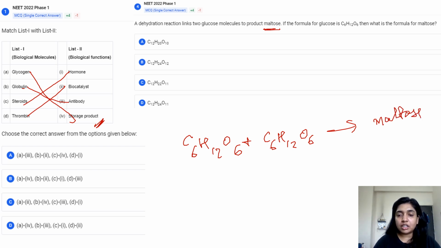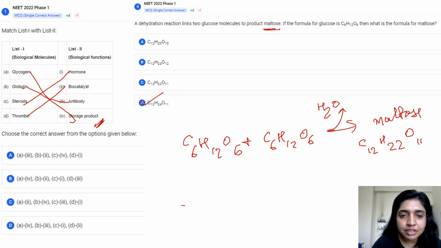So whenever two monosaccharides attach, a water comes out because of the formation of glycosidic bond, right? So if H2O is subtracted from this particular thing, it will become C12H22O11. So C12H22O11, where is the, yeah, so no, I've marked the wrong answer. Just give me a second.